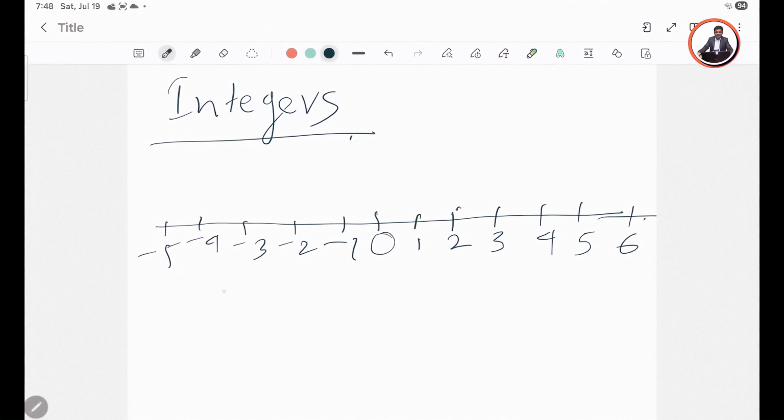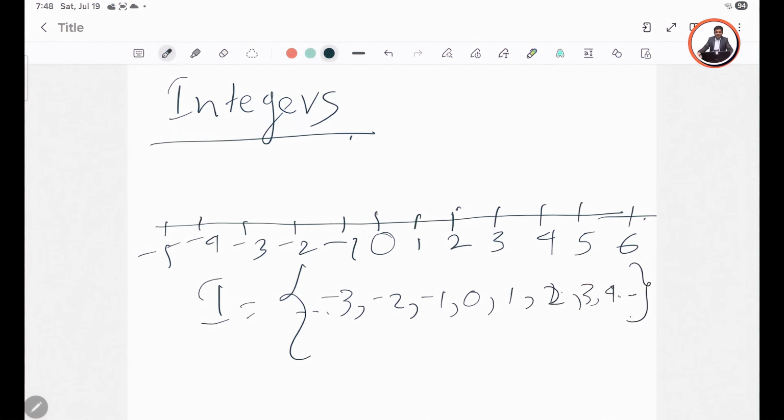The set of integers we can write as I, and then we can say -3, -2, -1, 0, and 1, 2, 3, 4, and so on.